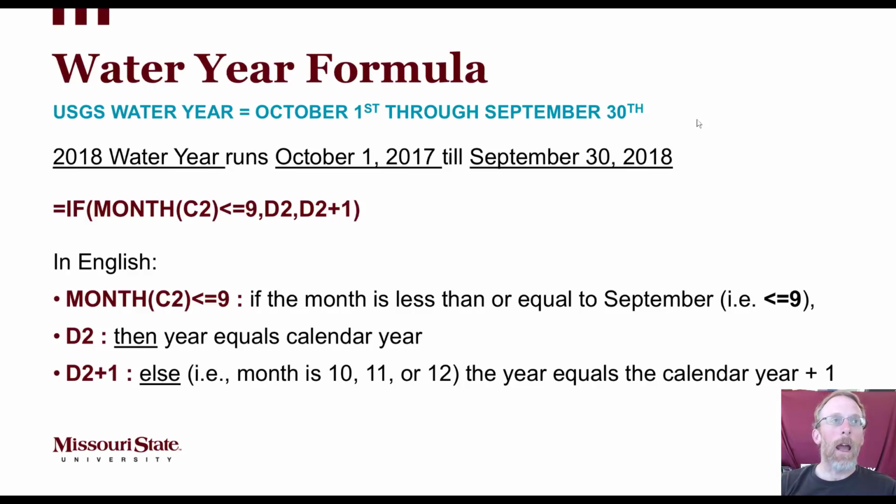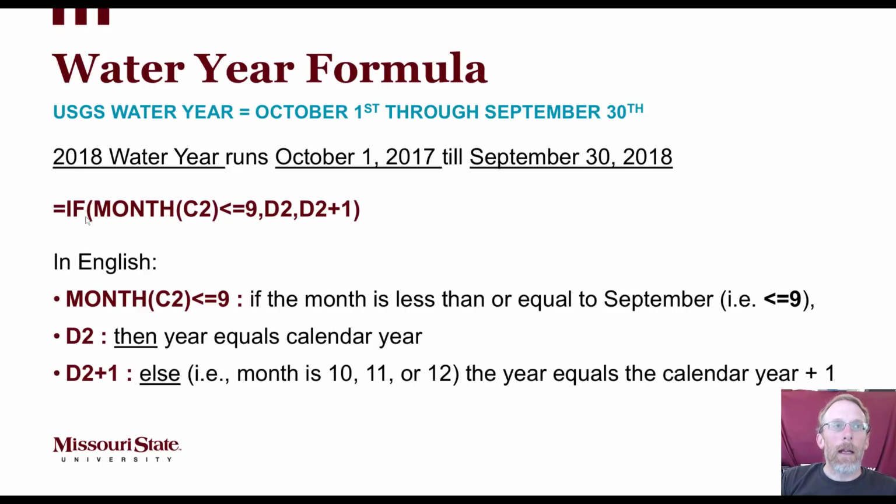So our peak 2018 value may come from October, November, or December of 2017, and our peak value for the 2017 water year could come from 2017 prior to October 1st. So we can use a formula in Excel to decide which water year each discharge value goes in.